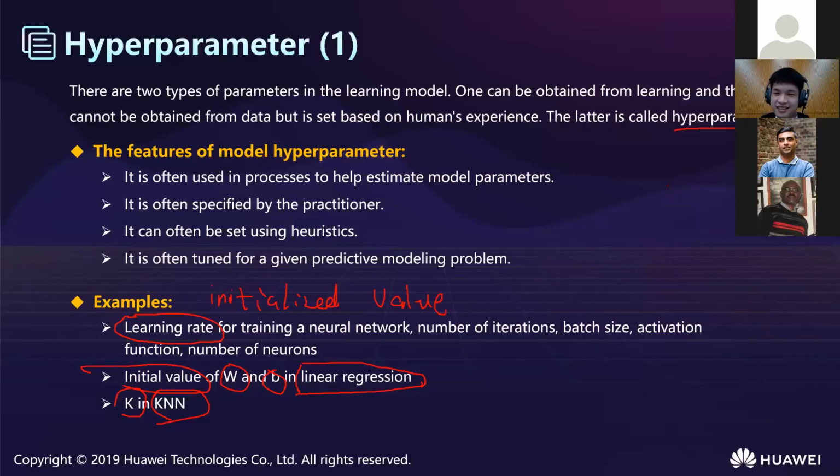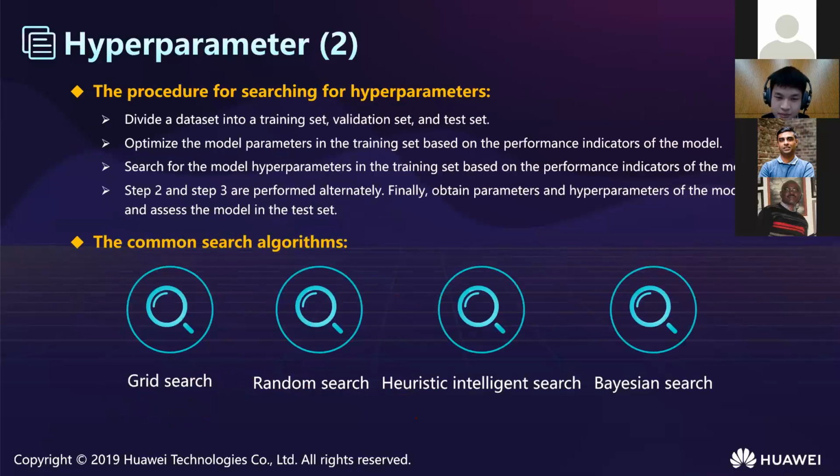Okay, and actually there are lots of hyperparameters in deep learning, the neural networks. So yesterday, someone asked me how to search the hyperparameters. Yeah, there are some methods, for example, grid search and random search.